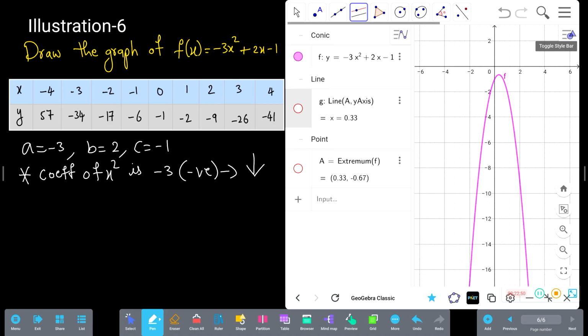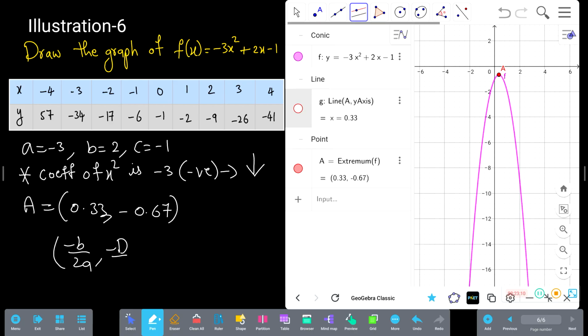You can see the vertex A is 0.33, minus 0.67. You can find this vertex value using the formula minus b by 2a and minus d by 4a. I am not doing this here, you try to solve this, right? And this is the axis of this parabola, right?